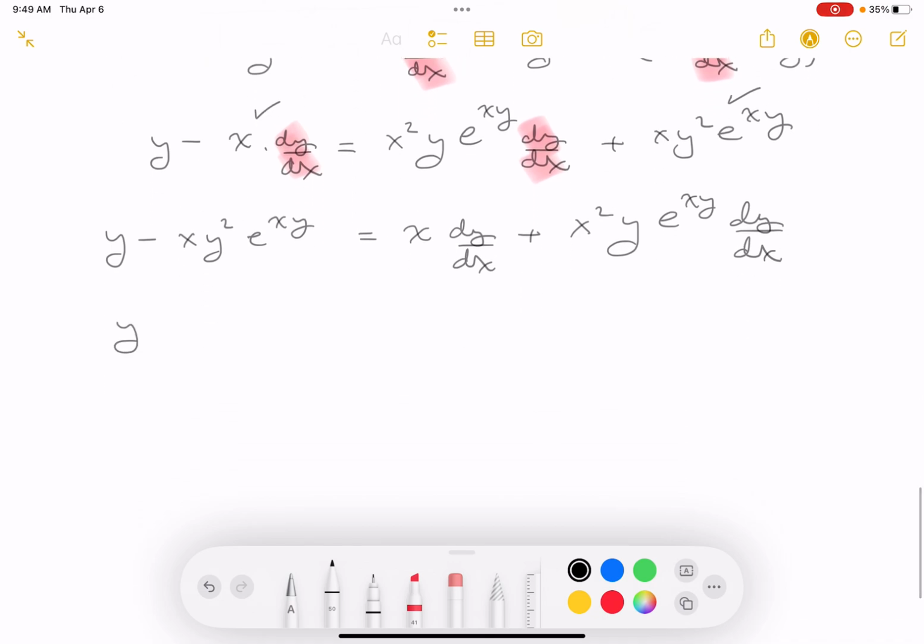Right? Let's keep rewriting it. y minus xy squared e to the xy equals x plus x squared y e to the xy dy dx.